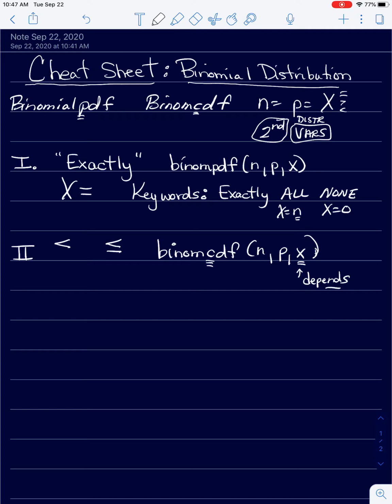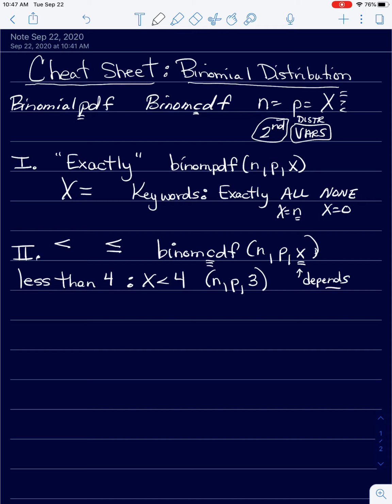Let's say we have a problem and it says find the probability that X is less than 4. That's going to give you a binomCDF with an N, P, whatever those are, and we're going to enter a 3 into that CDF.